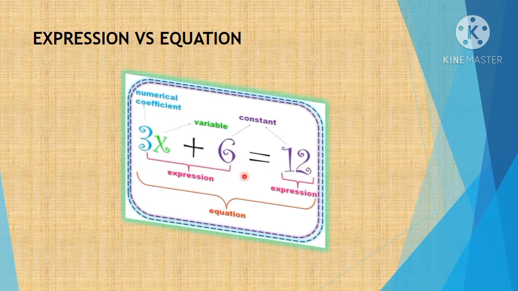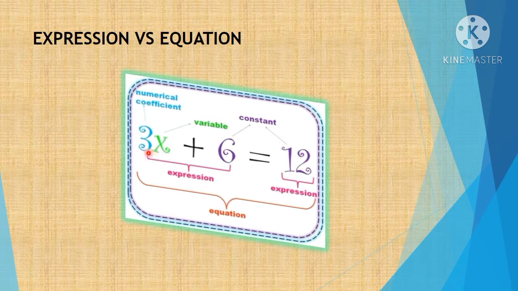Then 3x. So 3 we cannot say as a constant term because 3x is 3 into x. 3x is written together, right? 3x means 3 into x. So this 3 is known as the coefficient. We'll call the 3 a numerical coefficient because this 3 has a variable term with it.